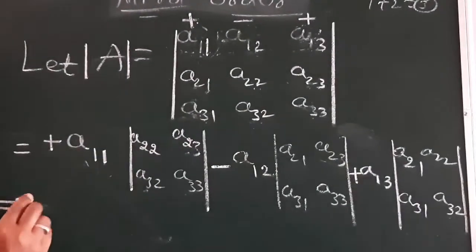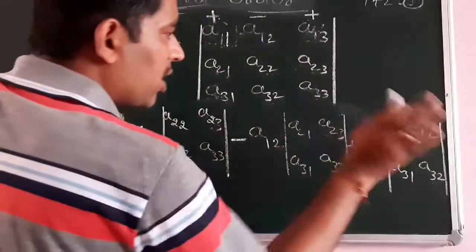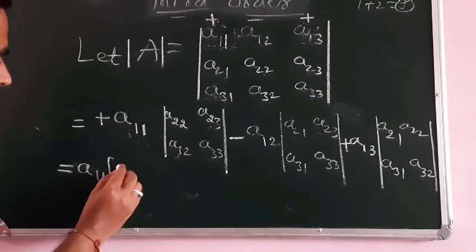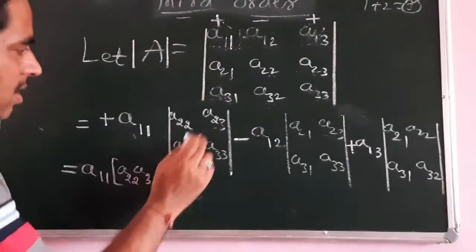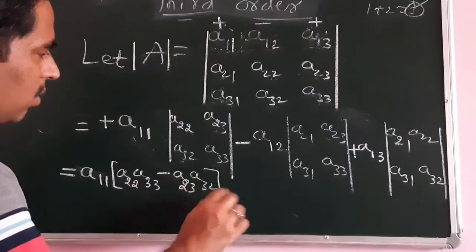So I will write a11 as it is. This one and this one and this one, these are all 2 cross 2 determinants. So we know we have to multiply: a22 a33 minus a23 a32.